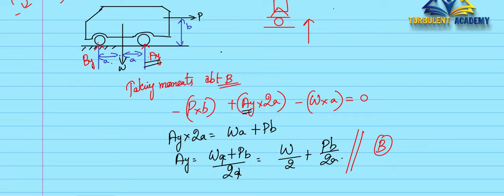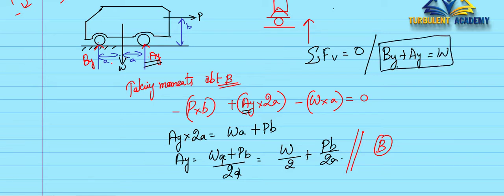After getting BY, we have one more relationship, which is summation of vertical forces equal to 0. That is going to be BY plus AY is equal to W. Once you have found BY by taking moments about A, if you substitute it over here, you could get AY, which is going to be the similar answer shown here.